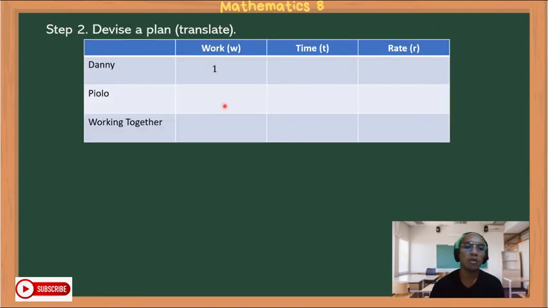Another technique in solving word problems, particularly work problems, is to make a table. In the first column are the persons, Danny and Piolo, and working together. We represent the one job as 1. The time spent for Danny to complete the job is 6 hours.